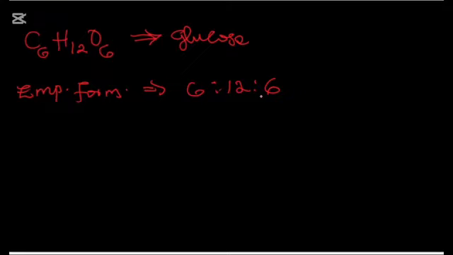So the empirical formula of glucose would be C1H2O1, which is the same thing as CH2O. So that's the empirical formula of glucose. Does that make sense?